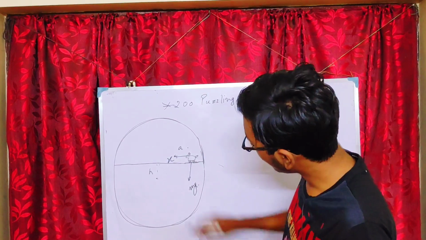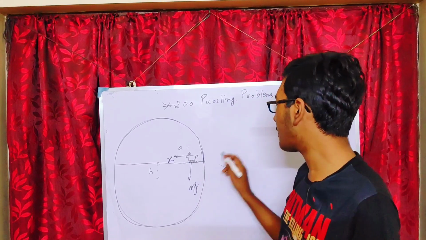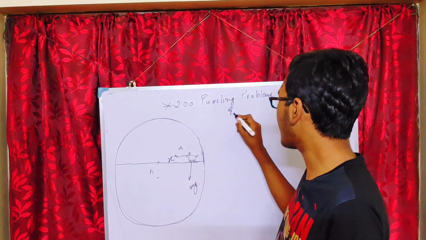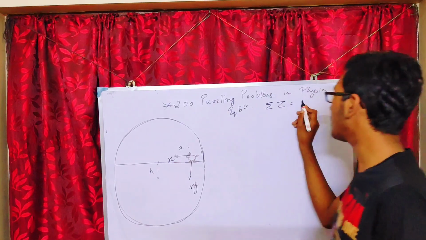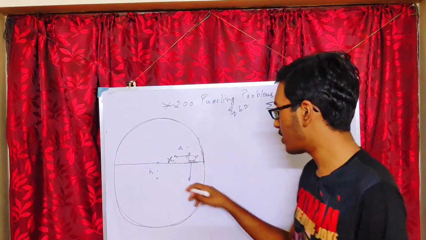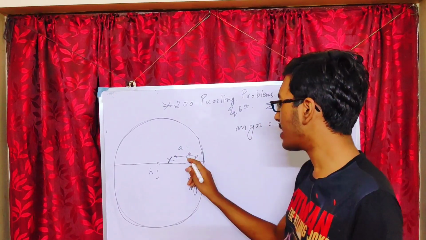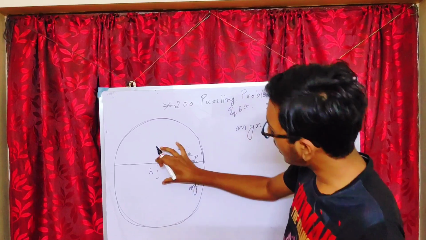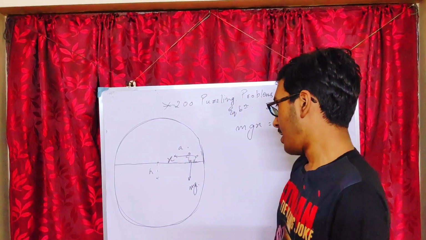right? So about this point, if I want to conserve the torque, because it is in equilibrium के लिए sigma tau should be equal to 0, right? So mgx would be equal to just ma into h, this into this distance, right?